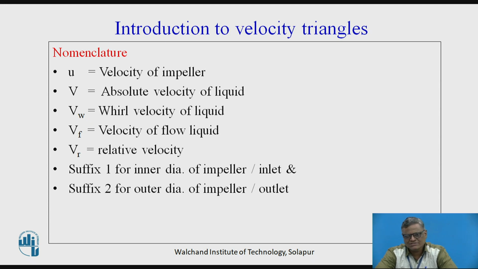In centrifugal pumps, the entry is at the eye of the impeller, so radially outward flow is going to occur. So suffix 1 is used for the inner diameter, and suffix 2 for the outer diameter of the impeller.